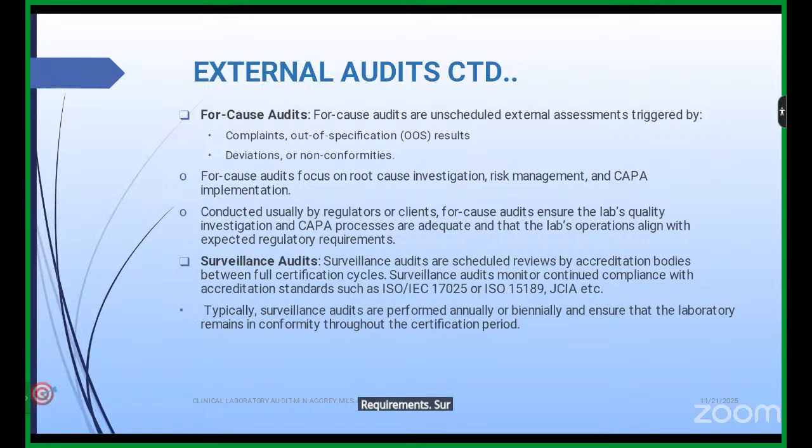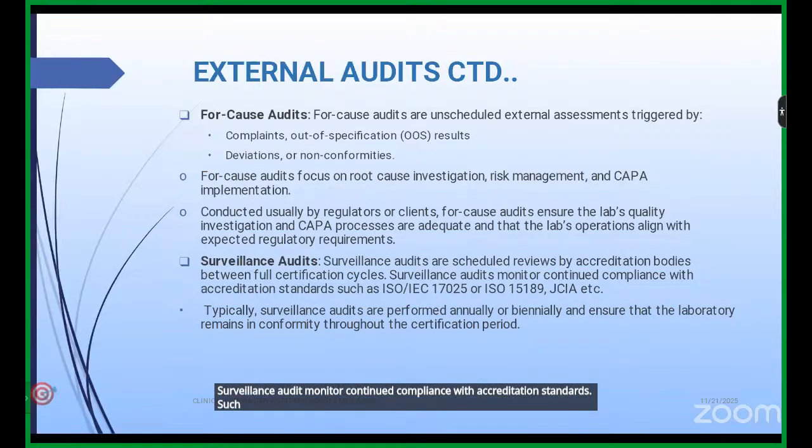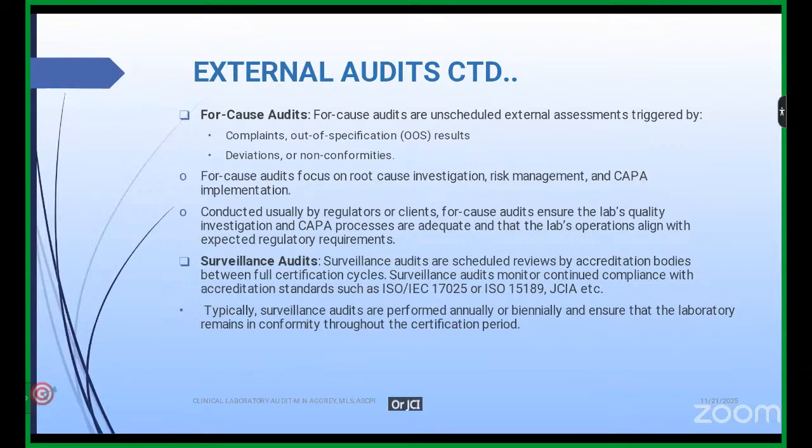Surveillance audits are scheduled reviews by accreditation bodies between full certification cycles. Surveillance audits monitor continued compliance with accreditation standards such as ISO/IEC 17025 or ISO 15189, or JCIA, or SANAS, and many others.